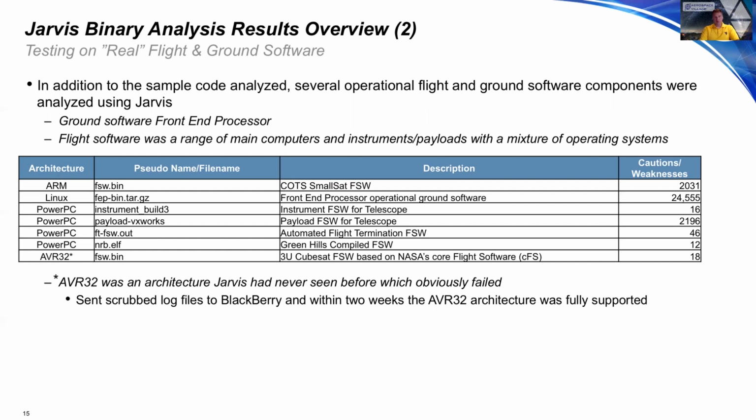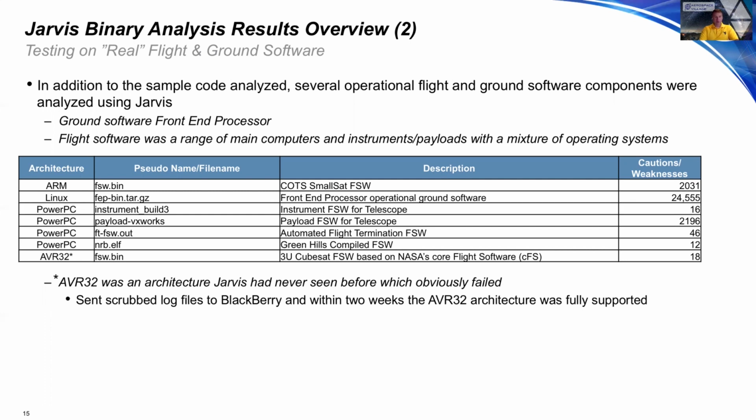We looked at some different flight software binaries or instruments that we were given access to. Long story short, we were successfully able to analyze small-sat software and pull out some interesting results. We were able to look at PowerPC instrument payloads and flight software binaries, pull out some interesting weaknesses from there, and look at some ground system front-end processor software and pull out a lot of interesting information out of those binaries.